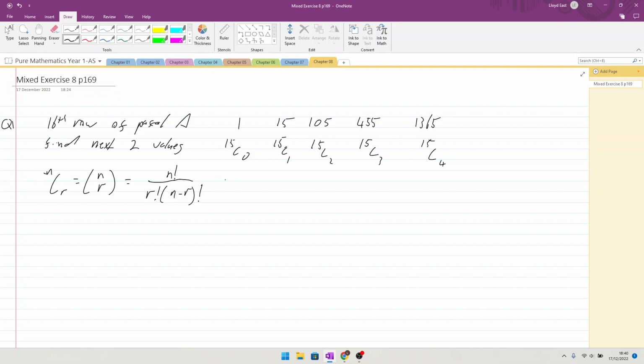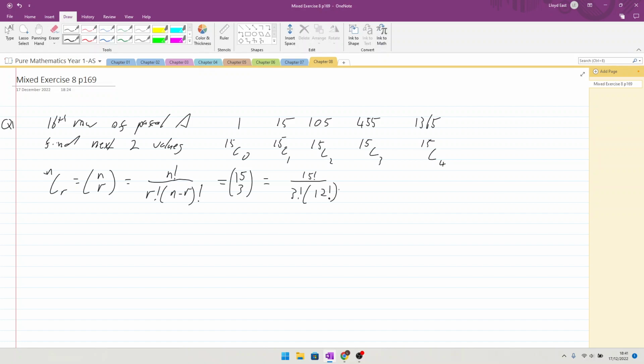And so to do the first one, 15C3, we would have 15 factorial divided by 3 factorial with 15 minus 3, which is 12 factorial.